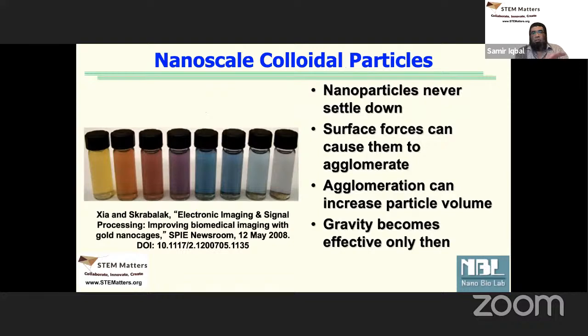Now, there's another aspect to what we just saw: when you make them too small, they don't have the effect of gravity on them. Hence, this solution of quantum dots will always stay dissolved. They will not settle down.